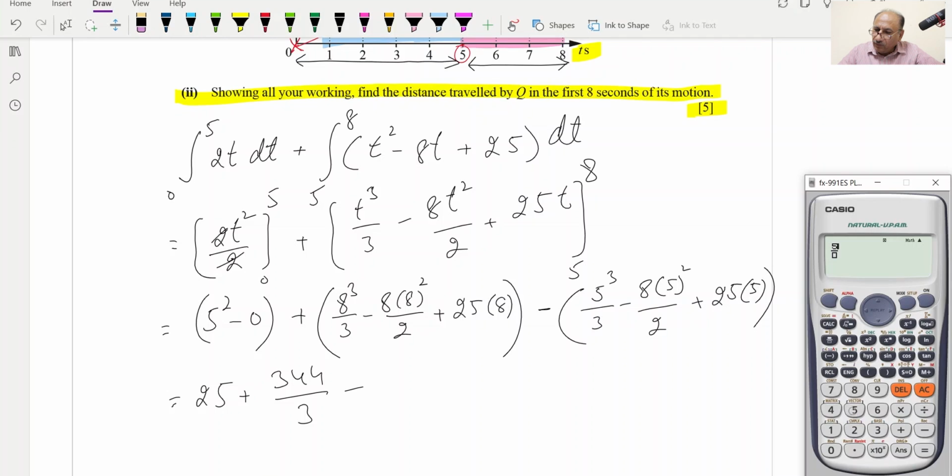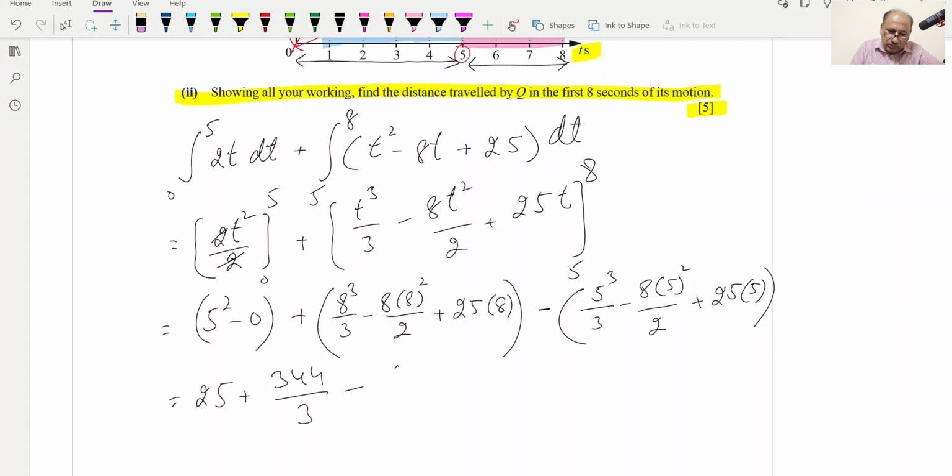So the fraction 5 cubed over 3, and minus 8 into 5 squared over 2, and we always have to take care of the calculation. It will be 200 over 3, so 200 over 3, and this minus sign we have already copied.